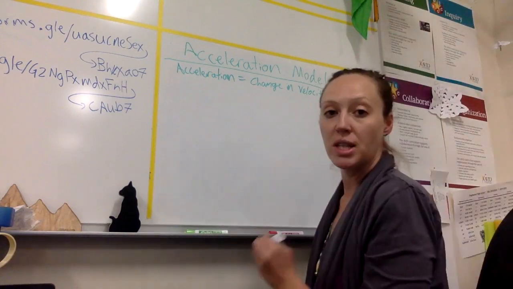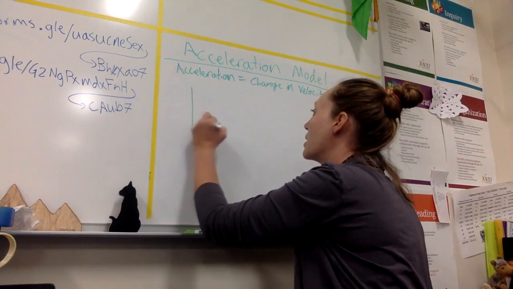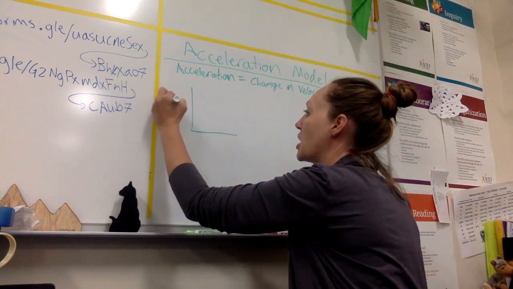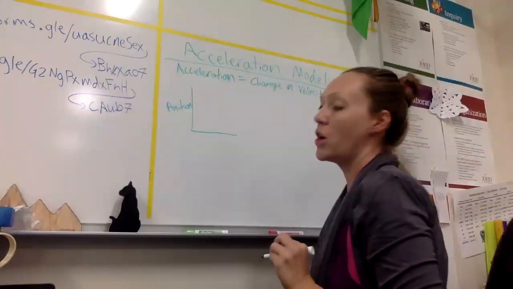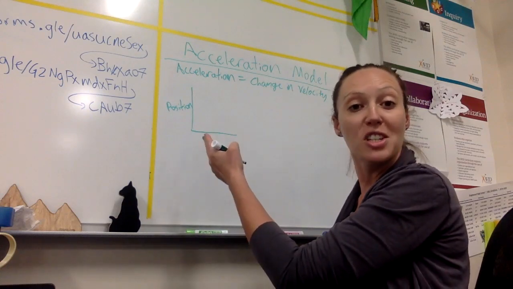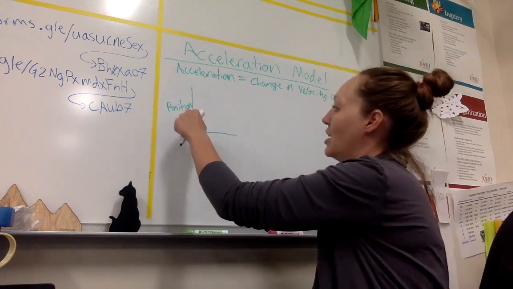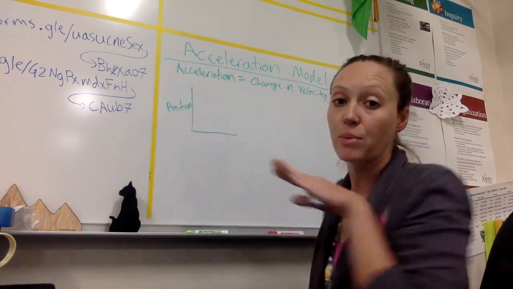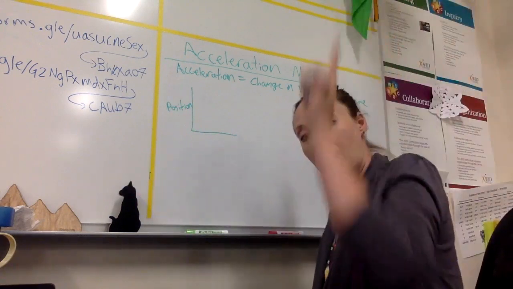So the first thing that we did in our It's All Downhill lab is we plotted position. I like to just call it position and use the variable p, but on the AP test they use the variable x if you're moving horizontally along the ground, or y if you're going up and down in the air.